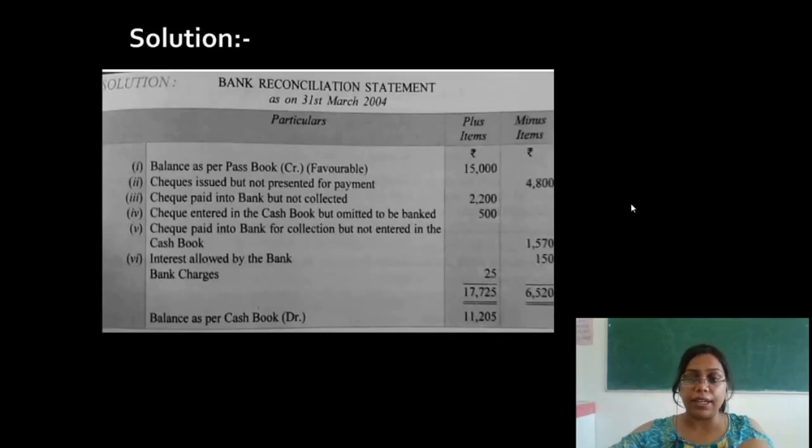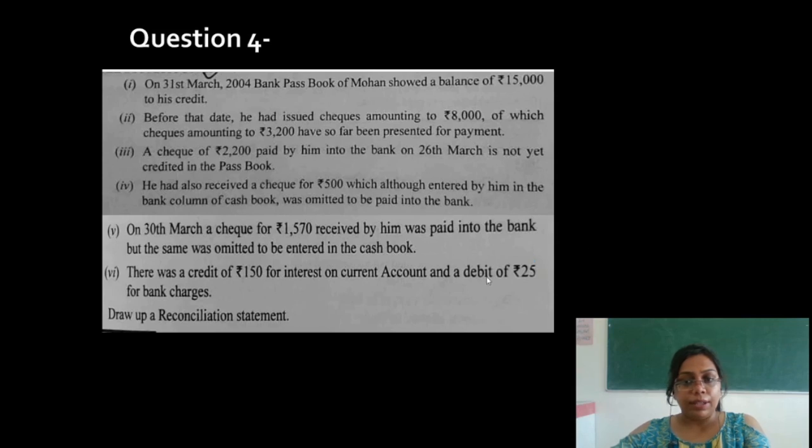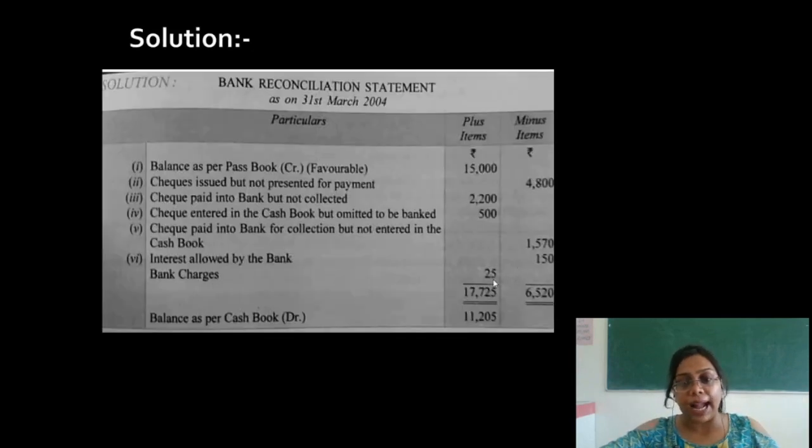So I have deducted it here. And for the debit of 25 rupees for bank charges, if I was starting the BRS from the cash book, I would have deducted this amount from my bank column. Now in this case, we will add this amount to the BRS.